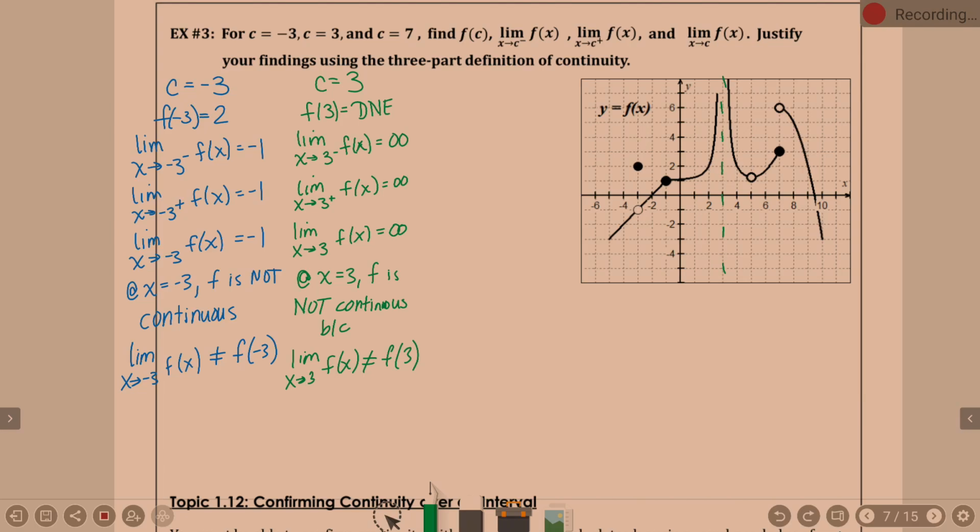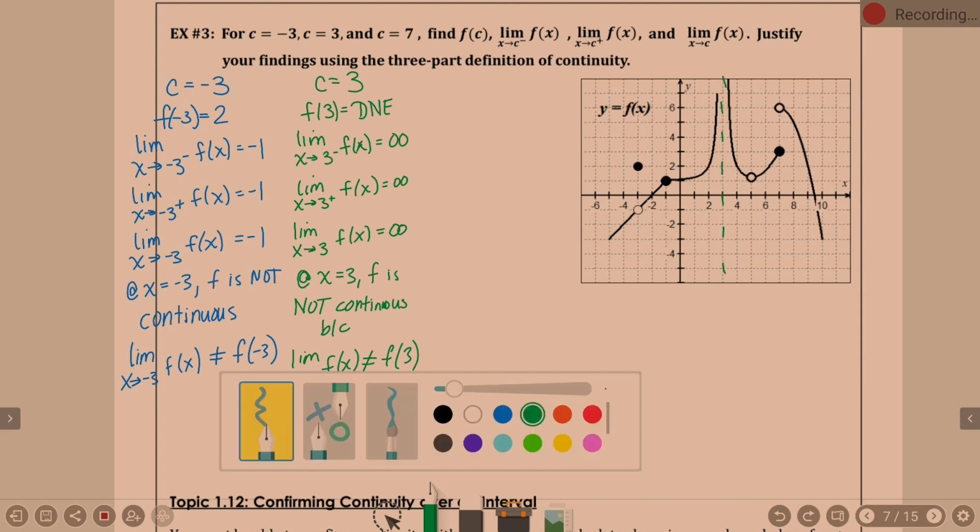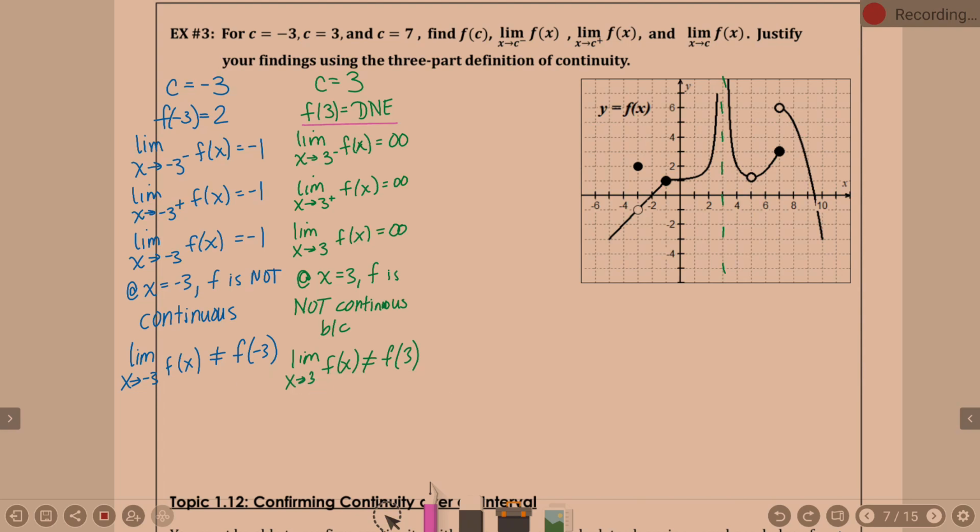Okay? So that's one way to say it. As I said, for continuity, that point has to be defined. So the fact that that point is not defined, that also is a reason that it is not continuous.